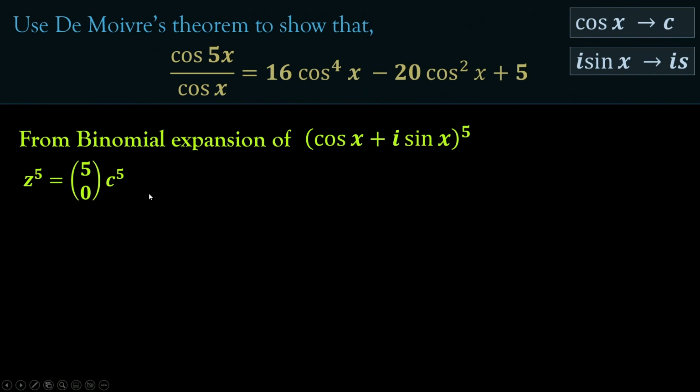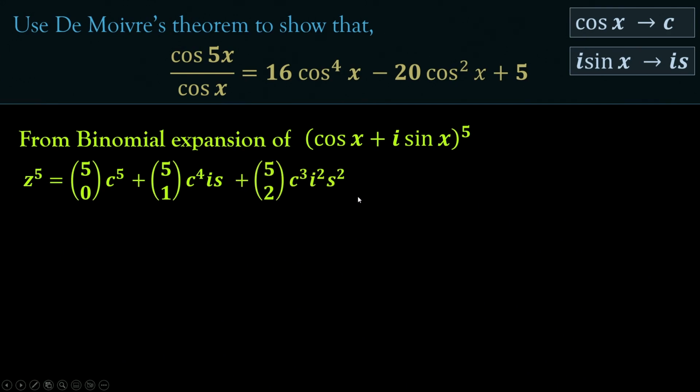So this is going to be plus 5 combination 1, cosine of x to the power 4, i sine of x to the power of 1. And then the next one is going to be 5 combination 2, cosine of x to the power 3, but i sine x to the power 2, like that.